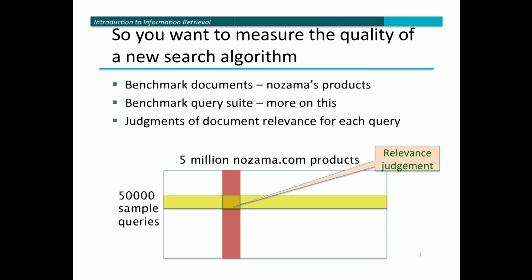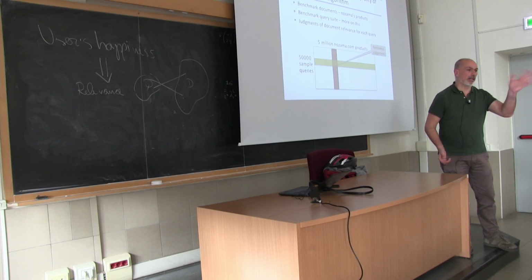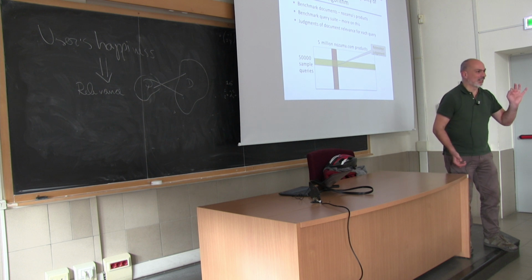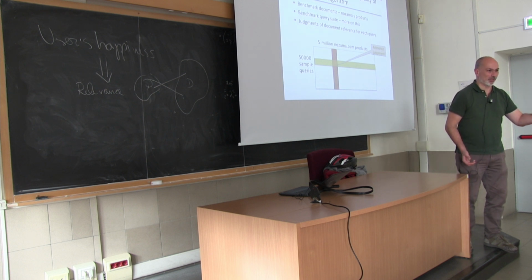Amazon actually tries to leverage users because you have users and you can have some indirect measures of happiness. For example, I buy a product or I buy it again. If I buy it again, that's like saying I was happy with the product, right?